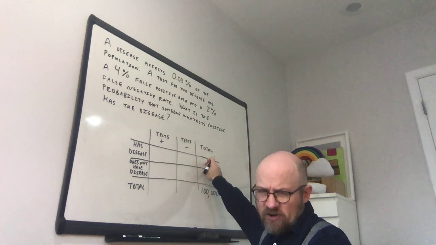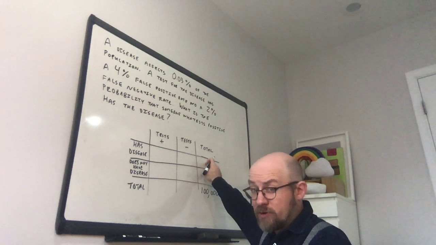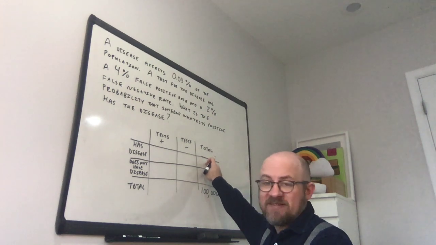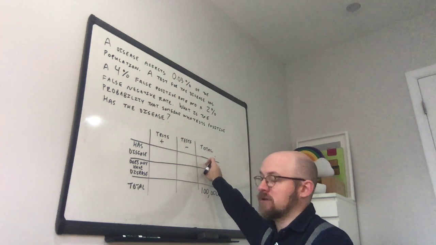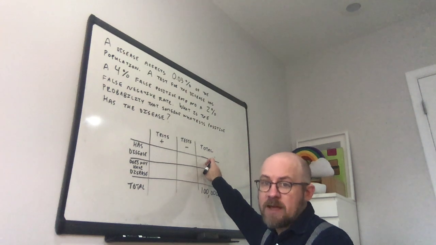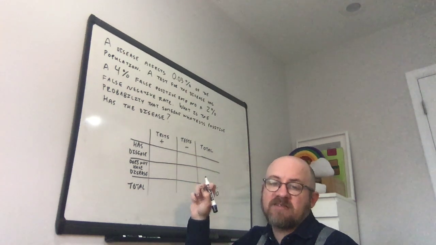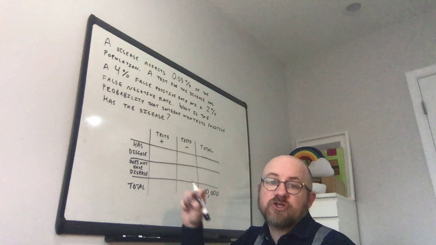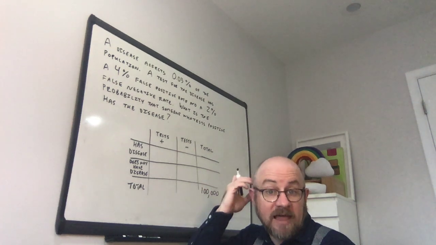Now, where people get tripped up is that 0.03% sometimes gives us problems. If you want to write 0.03% as a decimal, remember that to write a percentage as a decimal, you move the dot over 2 places to the left.